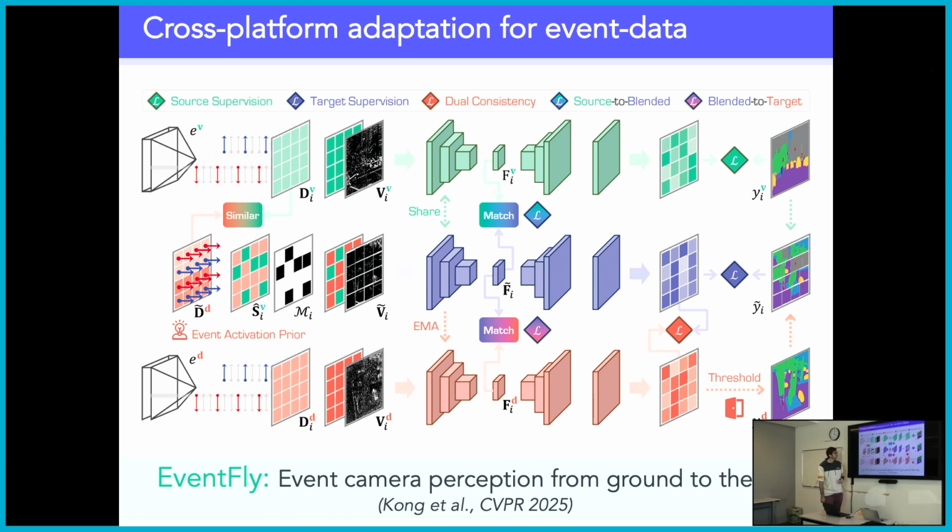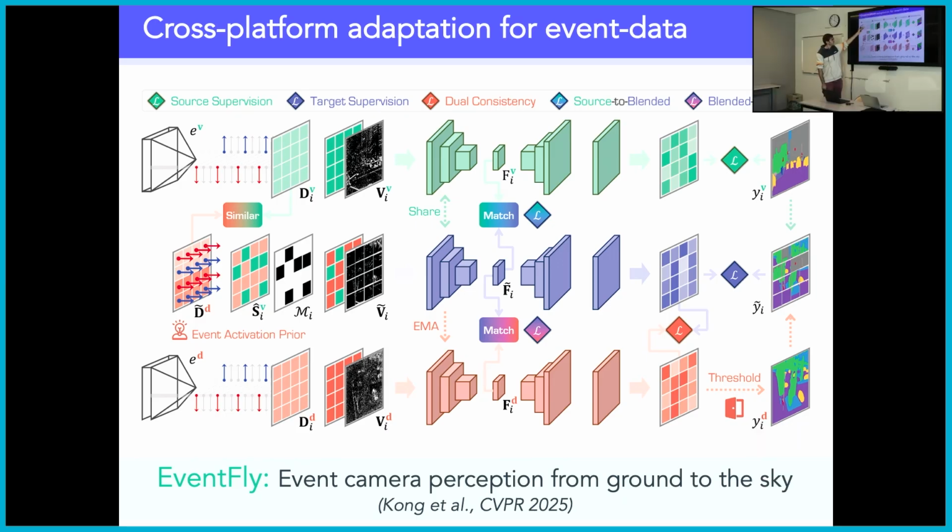But the point is that we want to see if it's feasible to take this network, trained on data captured on, for example, a car, and extract some knowledge to perform semantic segmentation on data captured on another vehicle. For example, can we train a network on data from a car to perform semantic segmentation on data collected by a drone or by a quadruped?